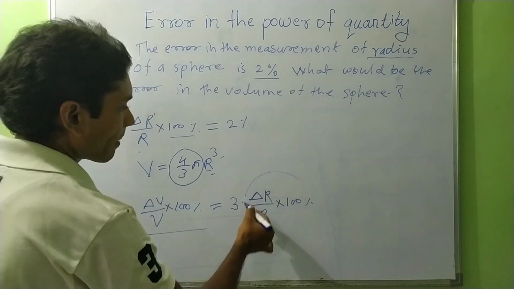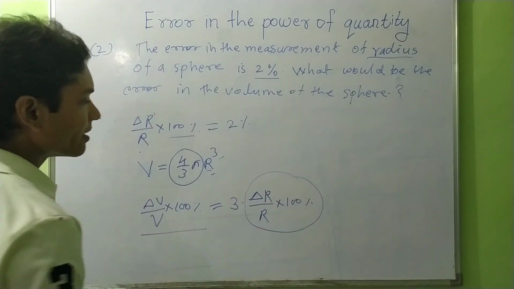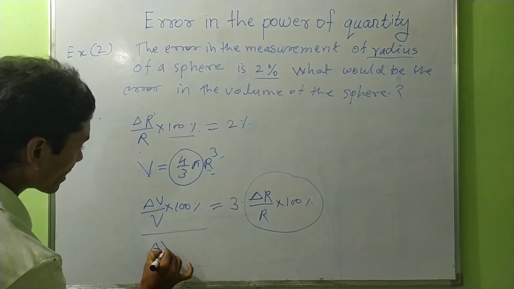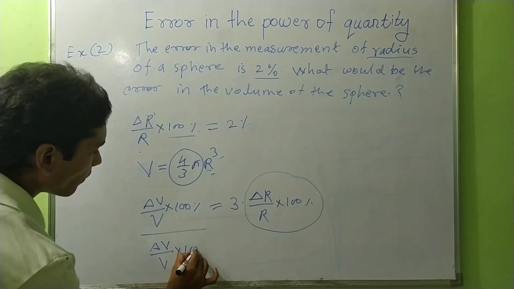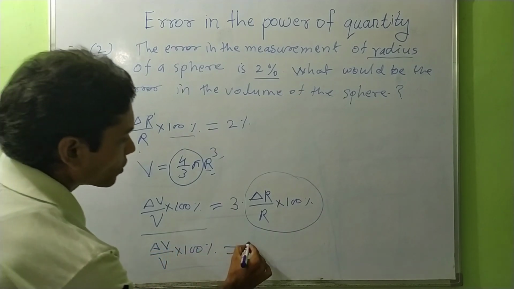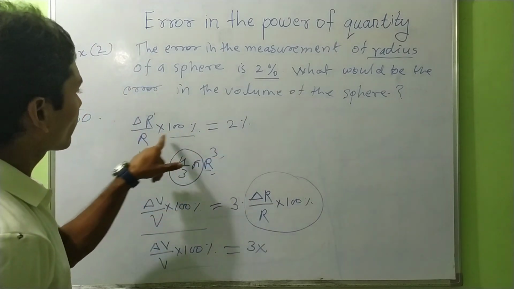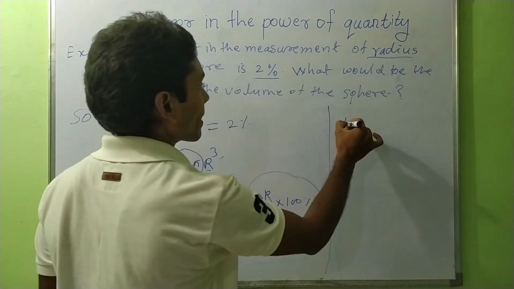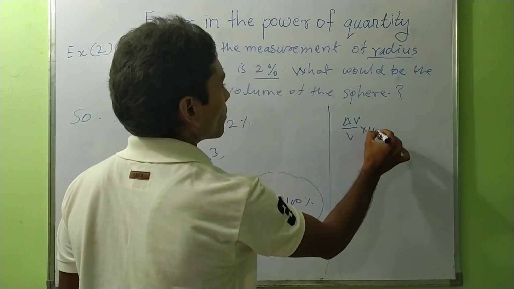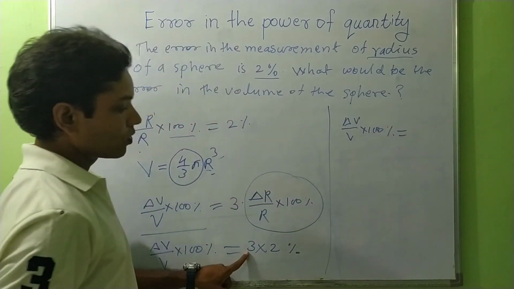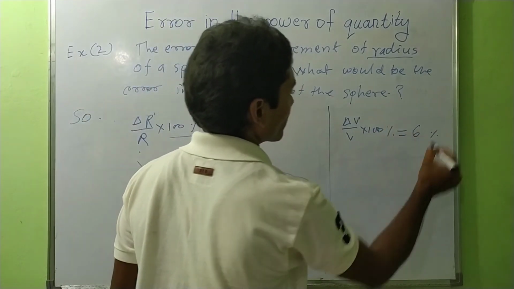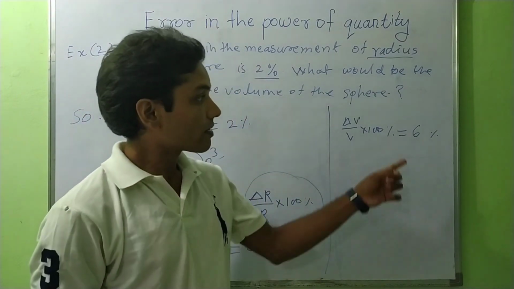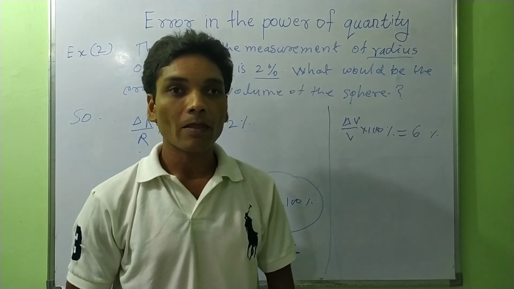Now on putting the value, the percentage error in the volume will be 3 into 2%, or 2 into 3, 6%. So the percentage error in the volume of the sphere will be 6%. Okay, understood?